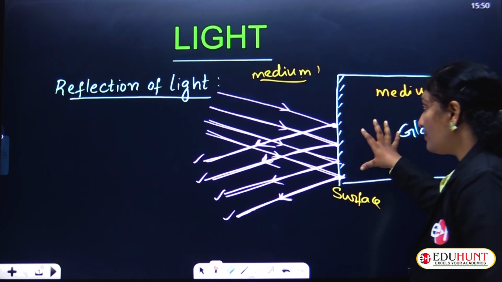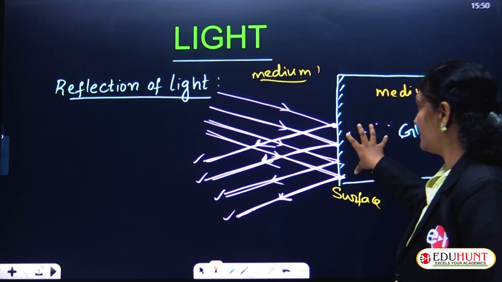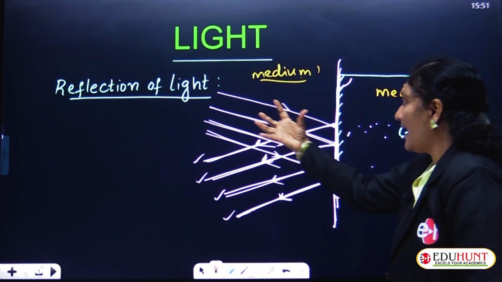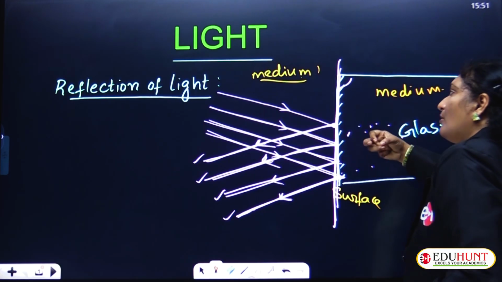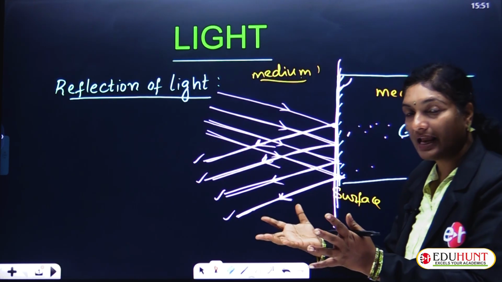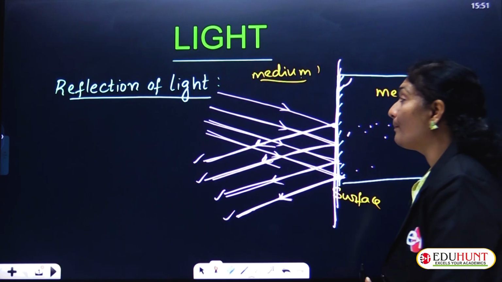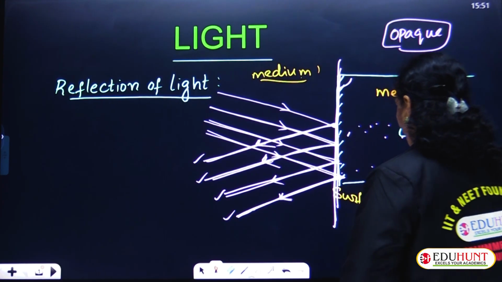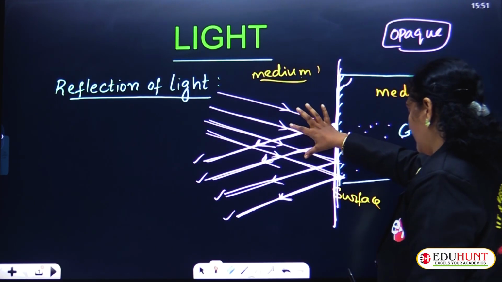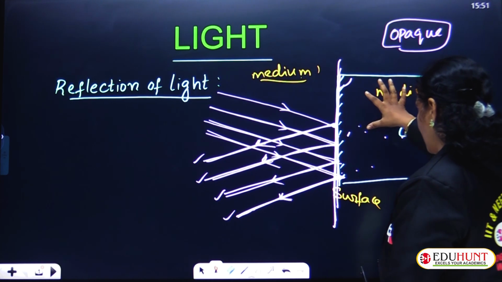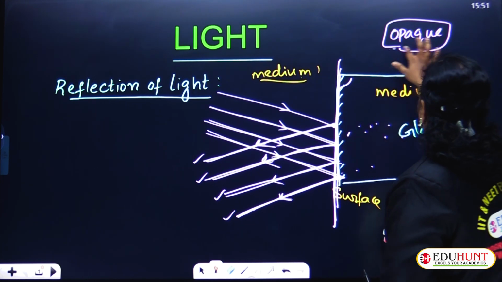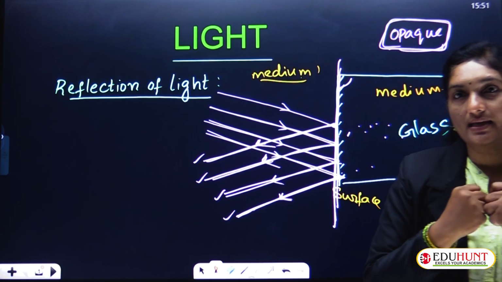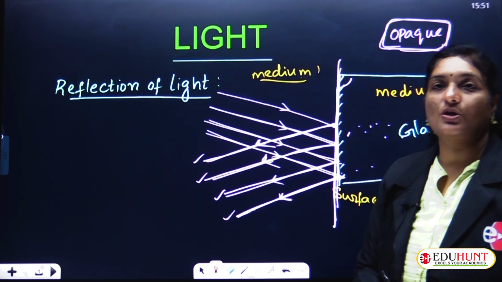Suppose the surface absorbs all the beam of light striking on it, then that type of surface is called an opaque substance. What is that called, children? Opaque. The part of light absorbed by the surface on which the light ray is incident is called opaque substance. If it completely absorbs the light ray falling on it, that type of surface is called opaque.